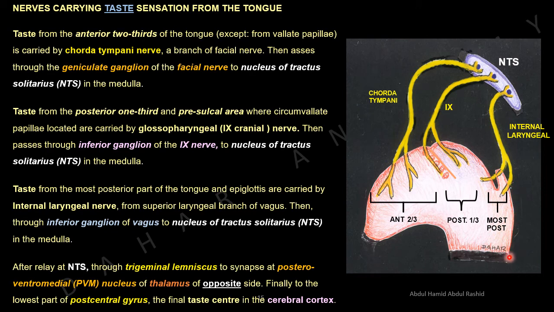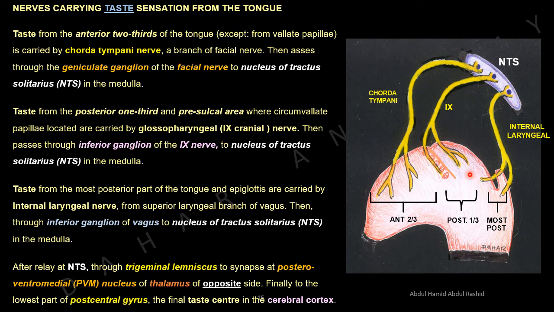Taste sensation from the anterior 2/3 of the tongue, except from the vallate papillae area, is carried by the chorda tympani nerve, which is the branch of the facial nerve. It passes through the geniculate ganglion of the facial nerve and finally to the nucleus of tractus solitarius in the medulla.